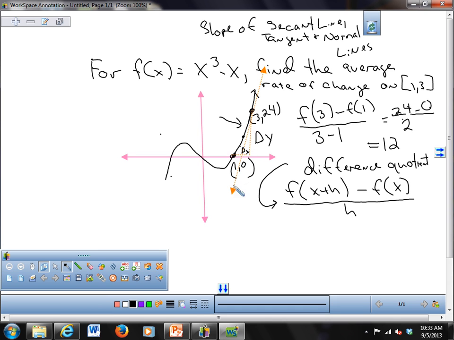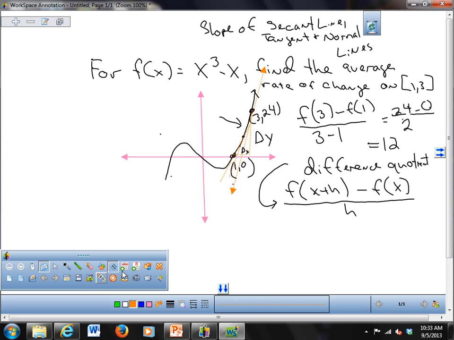So if I took this curve and I moved it through those 2 points, it's kind of hard to see with all my stuff all over the place. But if I did that, then that line would look something like this.